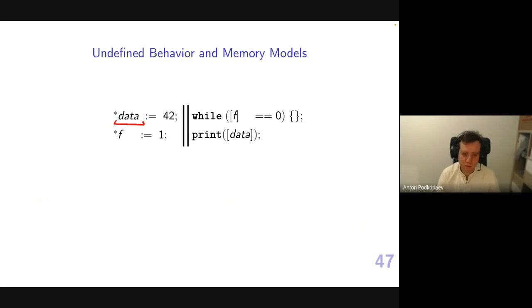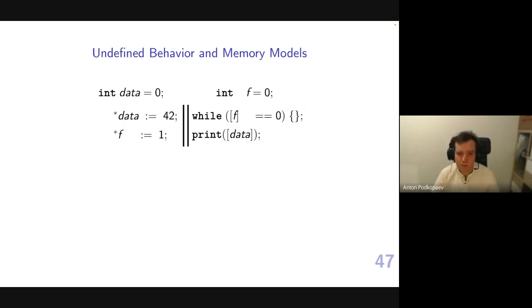In the left thread, we write to the location, then we assign the flag saying that the data is ready to be transferred. And in the right thread, we wait for the flag to be set, and then read from data.